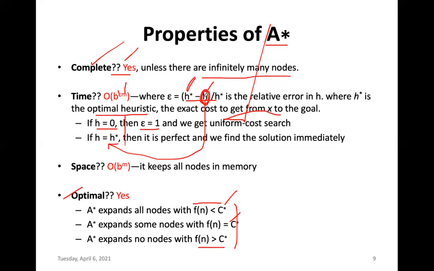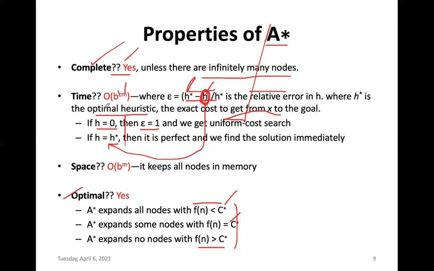Now it is H star, and H star minus H star is 0 by H star. And you are not getting 1 here, because it is the equation of relative error. How much error you are seeing. If the value of this error is 1, that means you are experiencing 100% relative error. But if it is 0, then it means that there is no error in your equation.